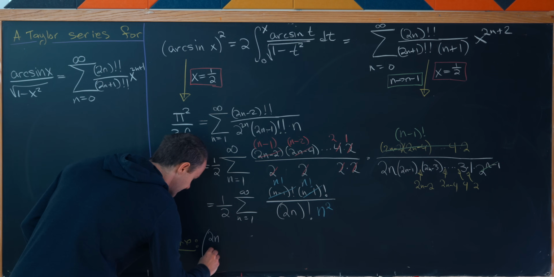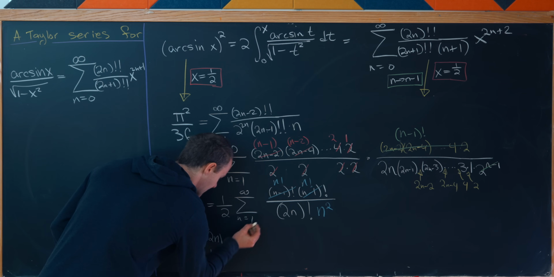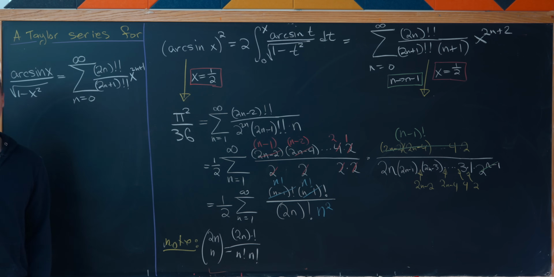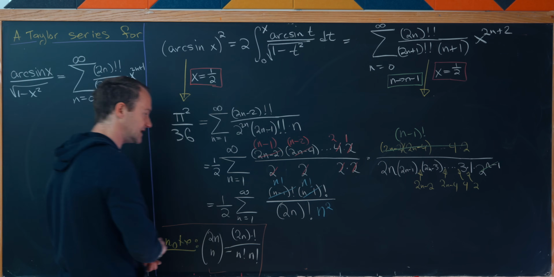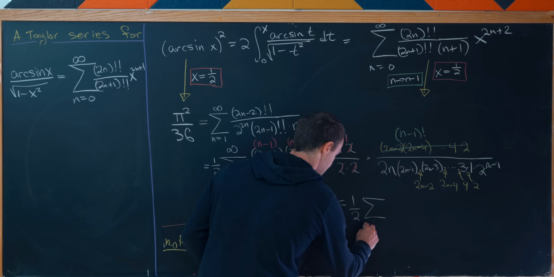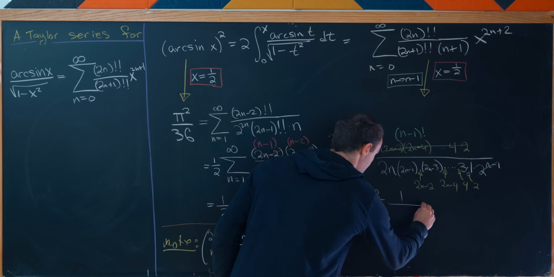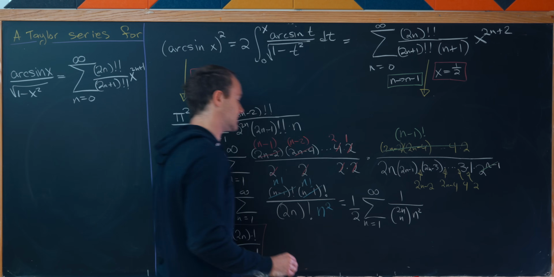So the binomial coefficient 2n choose n is in fact 2n factorial over n factorial times n factorial, just by the definition of a binomial coefficient. So putting that little observation in play here, we'll see that we have in fact 1/2 and then the sum as n goes from 1 up to infinity of 1 over 2n choose n times n squared.